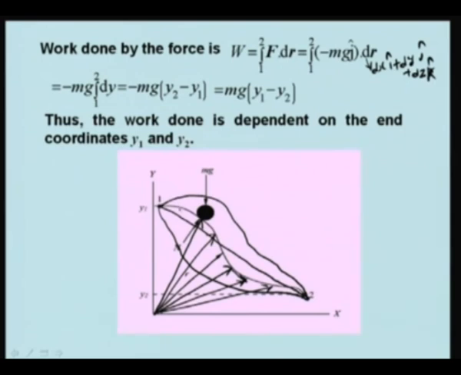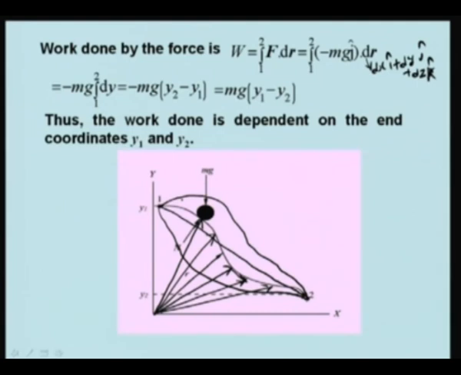Similarly, if the particle goes from 1 to 2, the work done by gravity on the particle is mg (y1 minus y2). If the particle had gone from 2 to 1, the work done by gravity on the particle will be mg (y2 minus y1).